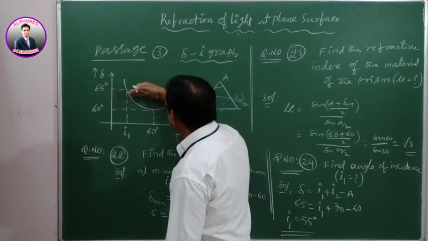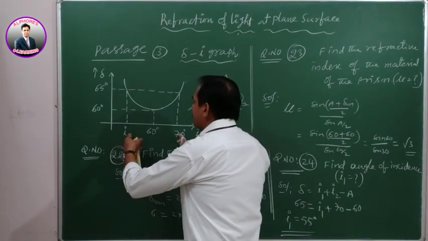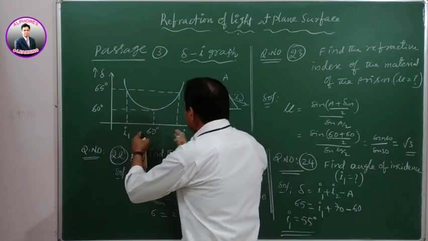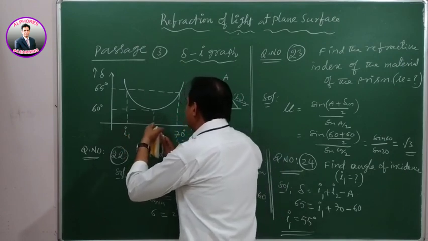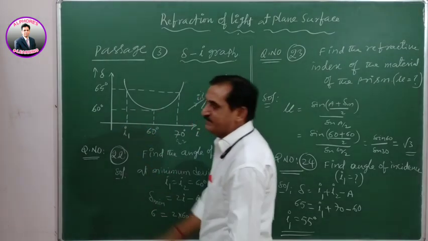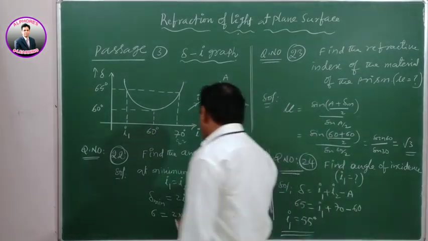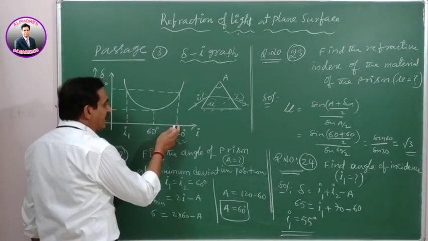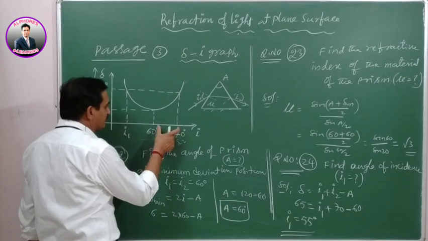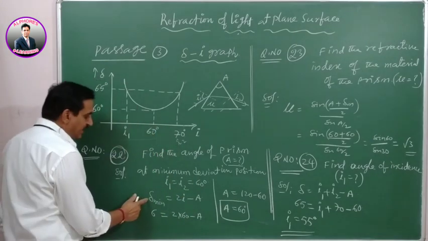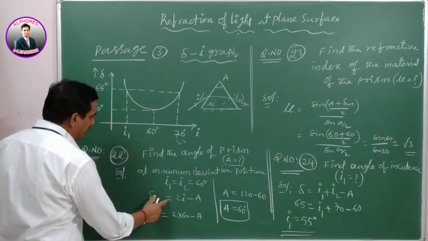As deviation decreases, these two will approach, means here I1 increases, I2 will decrease, these two are meeting each other, becoming equal at minimum deviation. Therefore, at minimum deviation position I1 is equal to I2, because both are approaching and become equal here, that is 60 degrees.